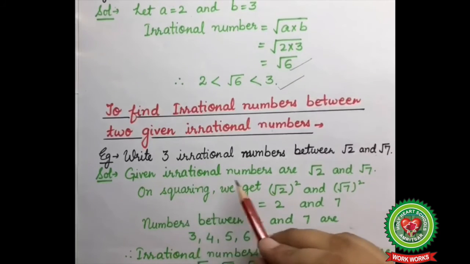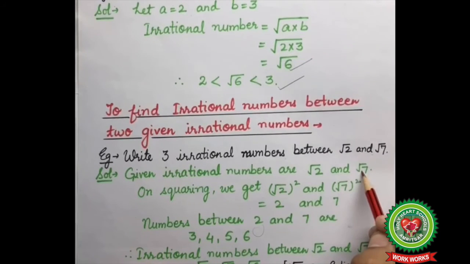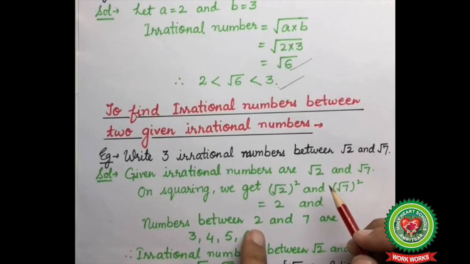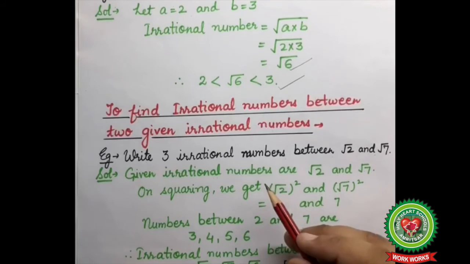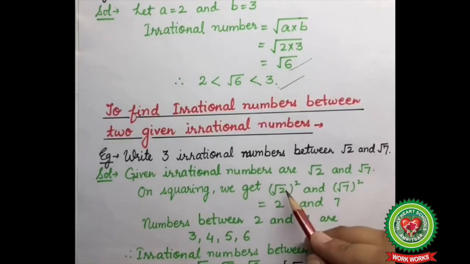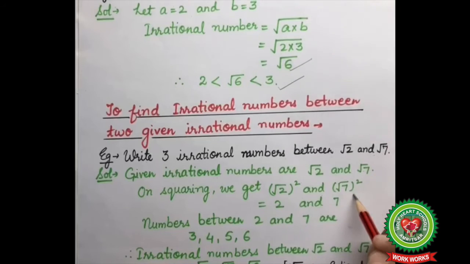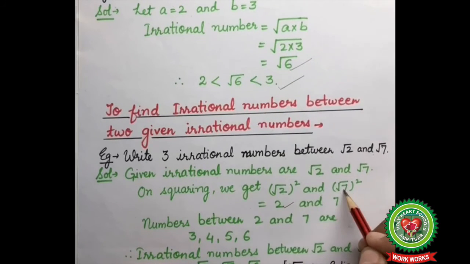The first step is that we are going to square the given irrational numbers. So on squaring we get square root of 2 whole square and square root of 7 whole square. The square of square root of 2 is 2 and the square of square root of 7 is 7.